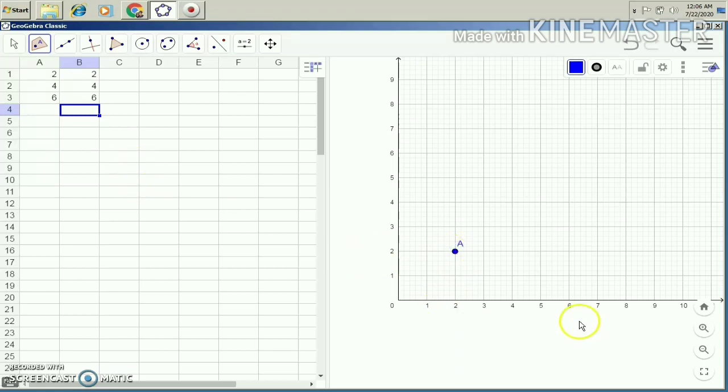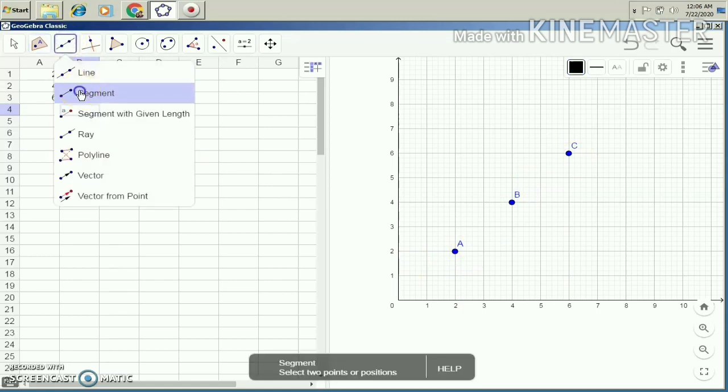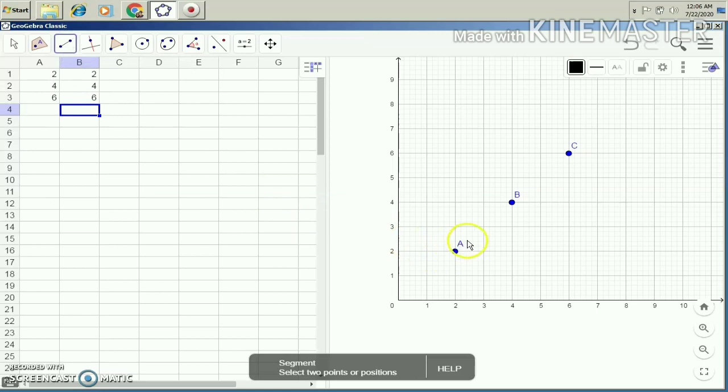The next is (4, 4): 4 and 4 steps upward. Here we get point B. Then (6, 6): 6 steps upward. Here we get point C. Now we will be joining these points in pairs. Firstly A to B, then B to C. Let's see.